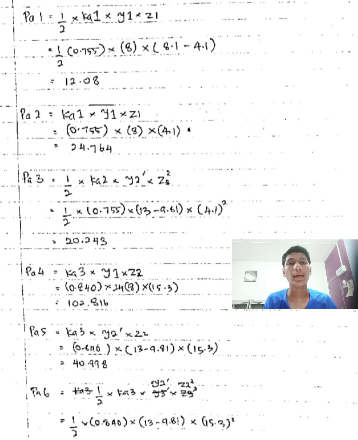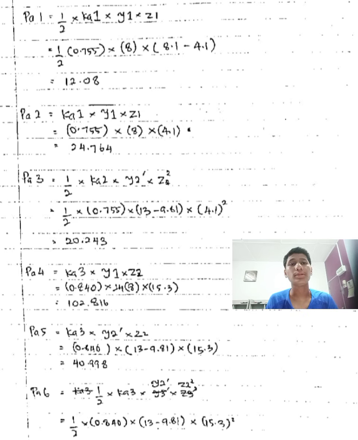For PA3, 1 per 2 times KA2 times gamma 2 prime. We will use gamma 2 prime because PA3 is under groundwater level, times Z2. 1 per 2 times 0.755 times 13 minus 9.81 times 4.1 power of 2. We will get the answer 20.243.